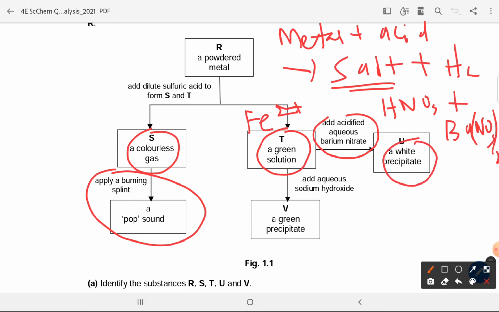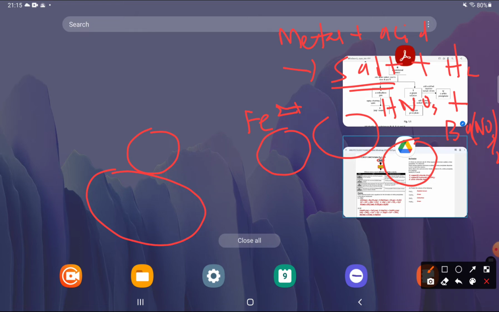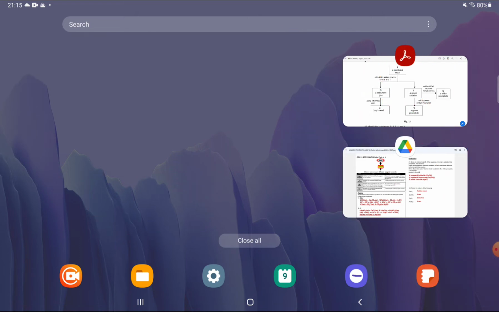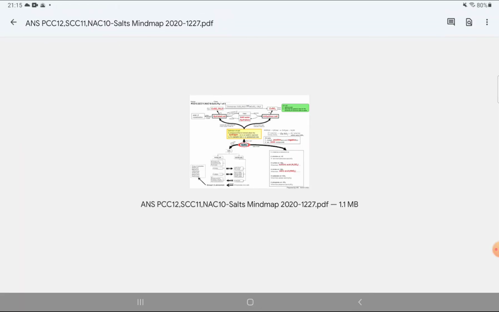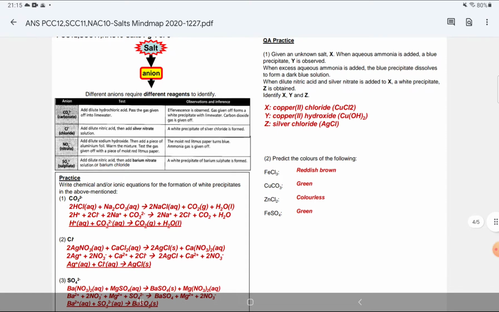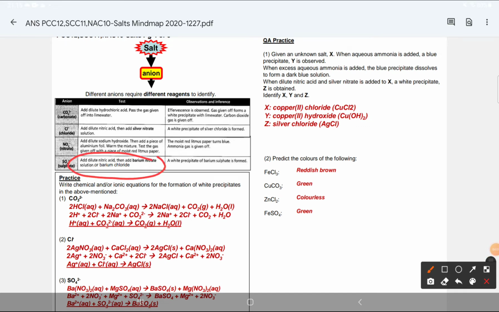So again, from the anion test, you should be able to know what ion is present. Which is basically this part: add dilute nitric acid, barium nitrate. So a white precipitate of barium sulfate is formed, which means that sulfate is present.